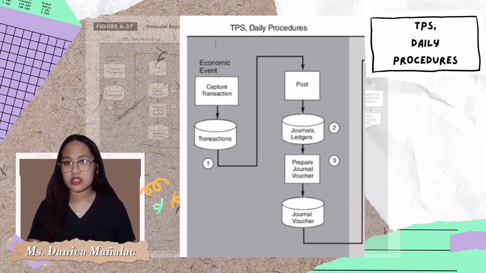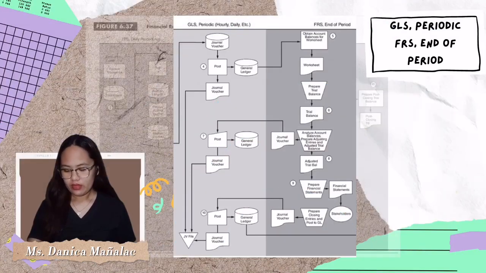Then the third step is to prepare the journal voucher, and it will be stored in your journal voucher database. Then the fourth step is to post them to the general ledger. The information used in this step will come from your journal voucher database.